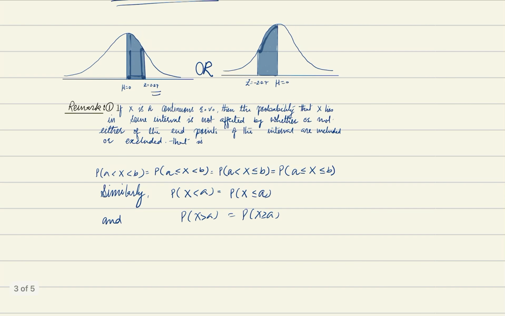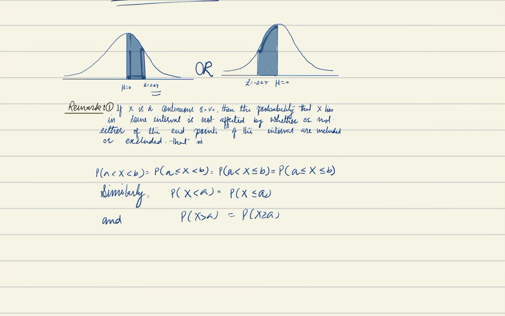Now you see this as well. Here you see the value of this normal variate in the interval a to b, and we are calculating the probability. So probability of the random variable in a to b equals probability of the random variable in a to b including a. So what is the difference between these two, or these equalities?